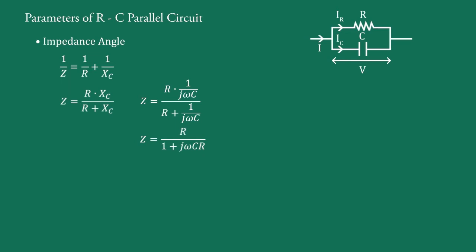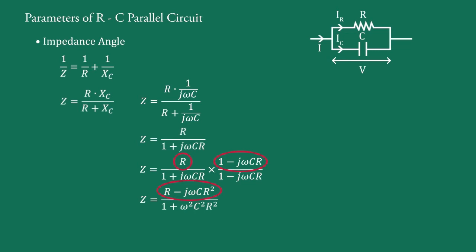Multiplying and dividing by 1 minus J omega C R, we have Z equal to this one. Multiplying R with 1 minus J omega C R, we get R minus J omega C R square upon multiplication of these two terms, that is 1 minus J square omega square C square R square, where J square equal to minus 1.